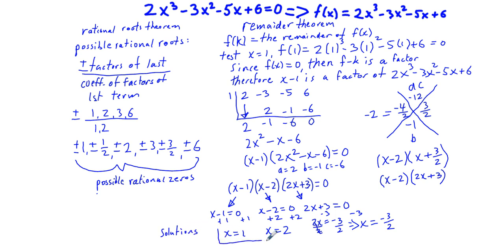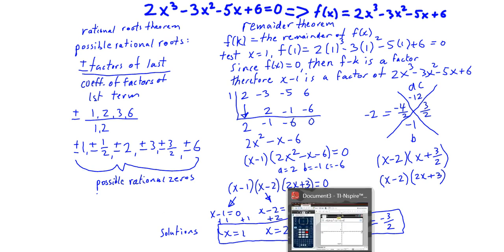We have x equals 1, x equals 2, and also x equals -3/2. So that's narrowed down. I want to lastly show you by graphing how it's done.